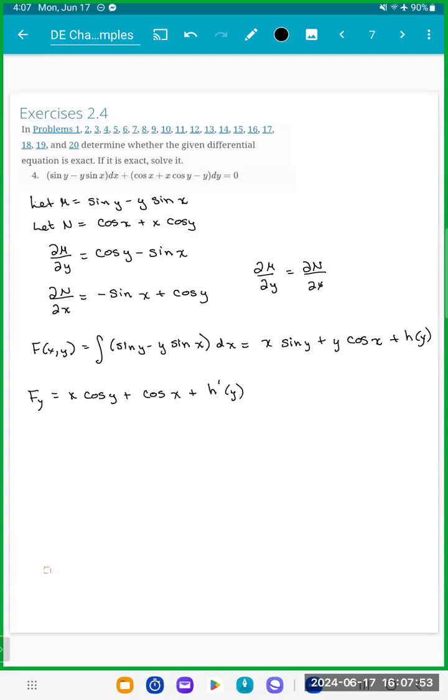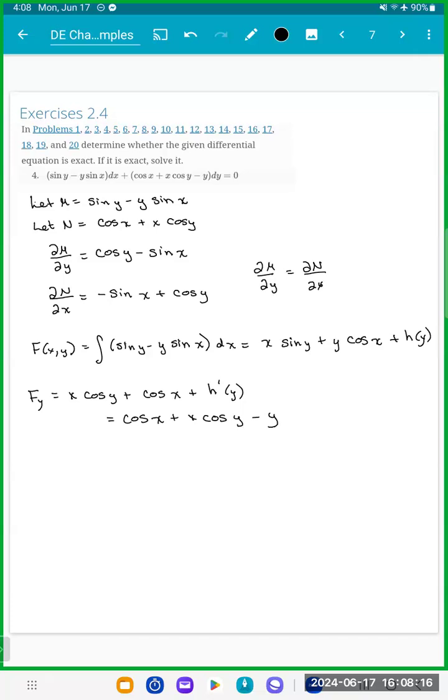Okay. We could rewrite this in a couple of different ways. You could say that that is also equivalent to the cosine of x plus x cosine of y minus y. Okay.